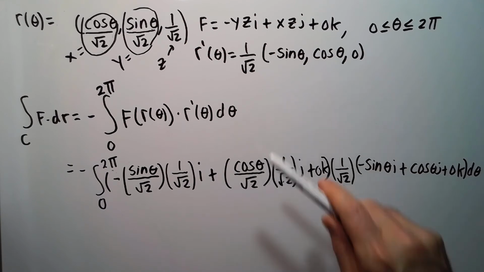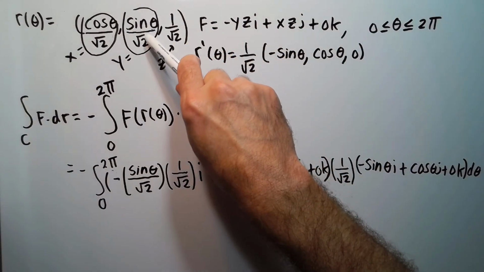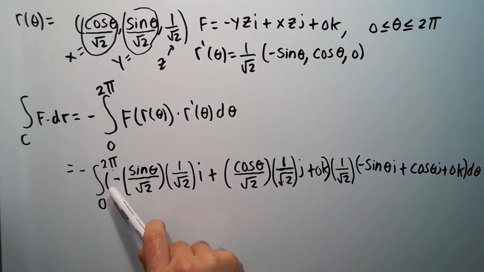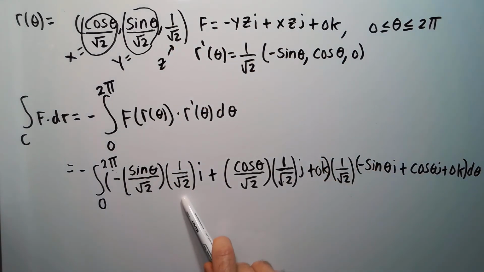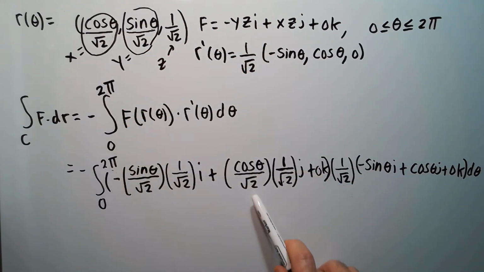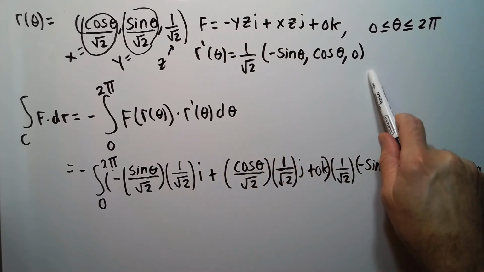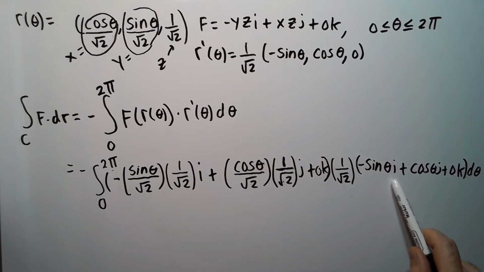So I get this then: negative y, which is sine theta over square root of 2, times z, 1 over square root of 2, i, plus z times x, cosine theta over square root of 2 times 1 over square root of 2, k, and then dot it with this guy here, using the i, j, k notation.